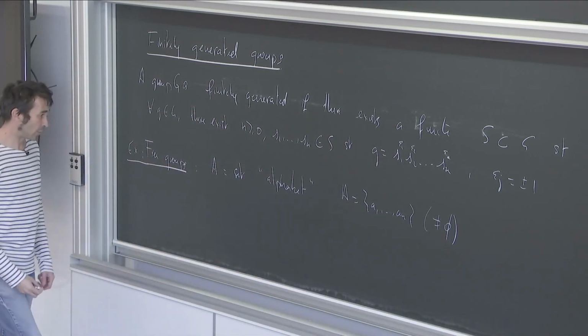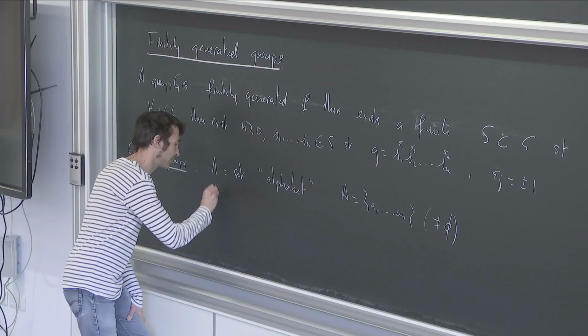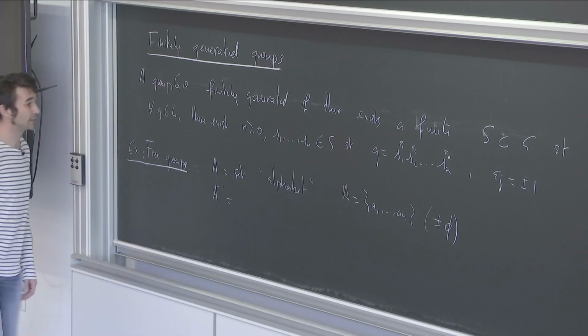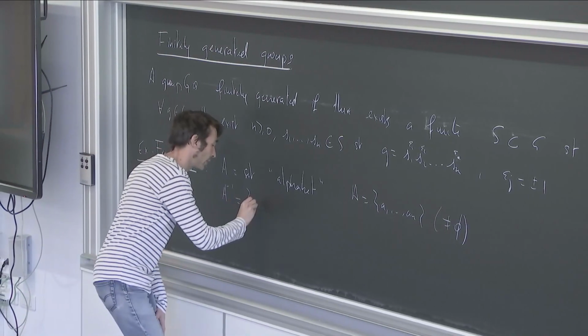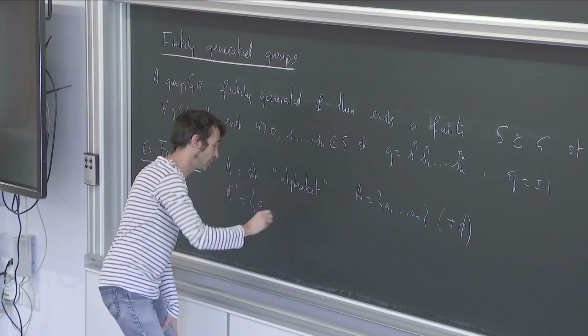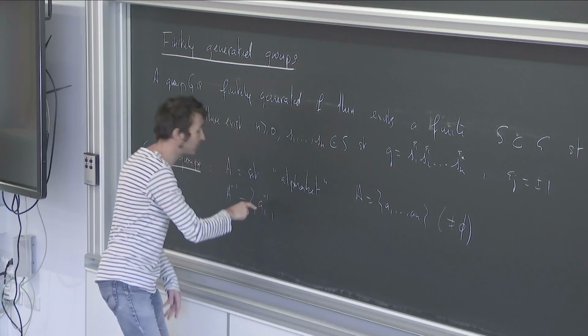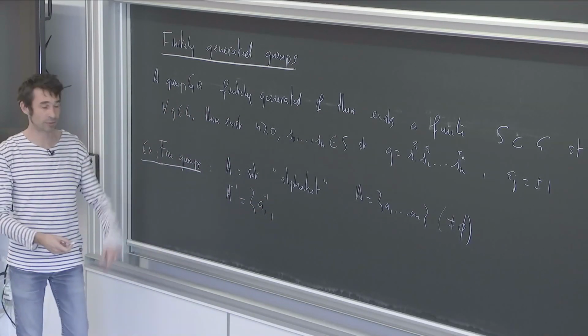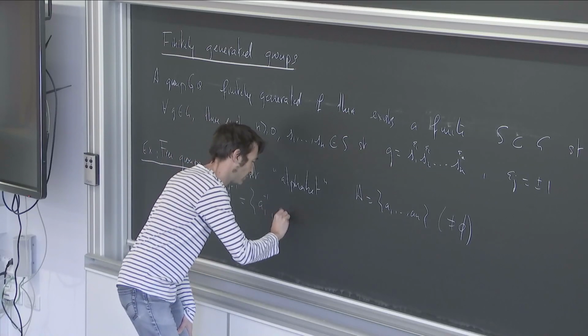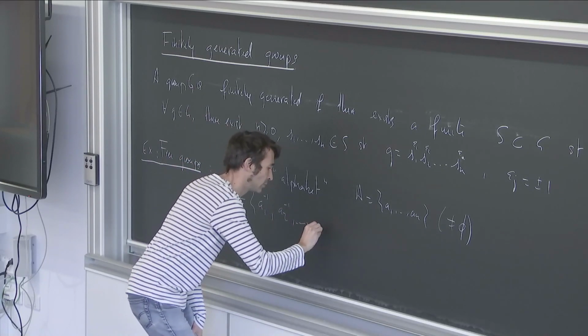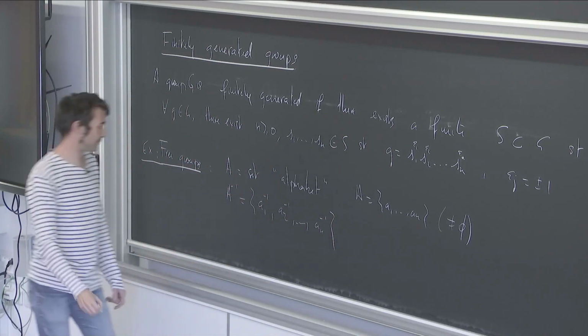And then we form formally the inverse set. So these are elements that I will write with the same letters, the same elements, but I add a power -1 to them. So this is very formal.